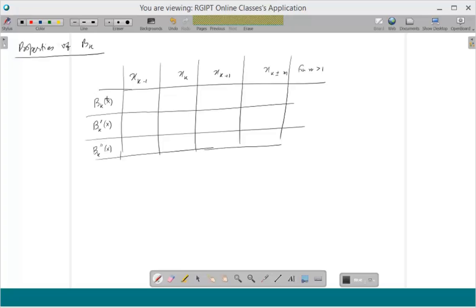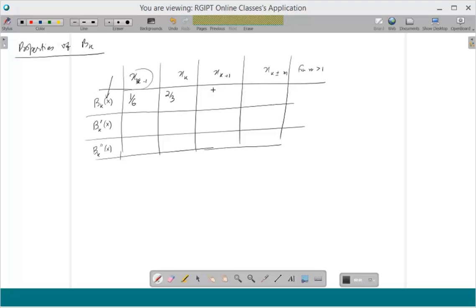I can choose any x, but if I choose those grid point values, then this table corresponds to the Bks at those grid points.